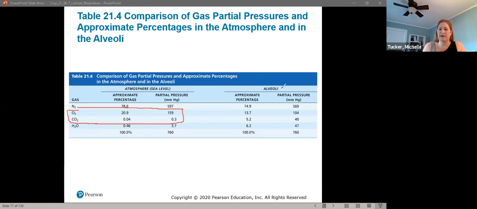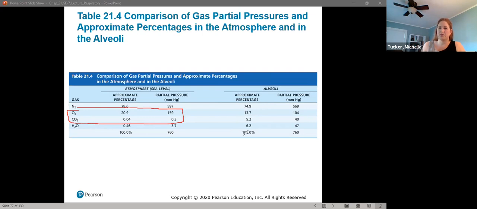At the level of the alveoli, these percentages change a little bit. Nitrogen still is the greatest contributor, but the amount of water has gone up because we humidify air. That water contribution increases. In addition, the contribution of carbon dioxide increases because our body produces a lot of carbon dioxide and uses a lot of oxygen, so its contribution goes down.